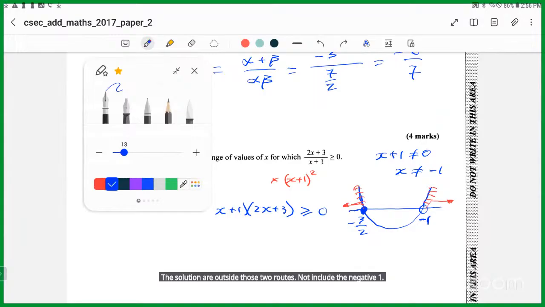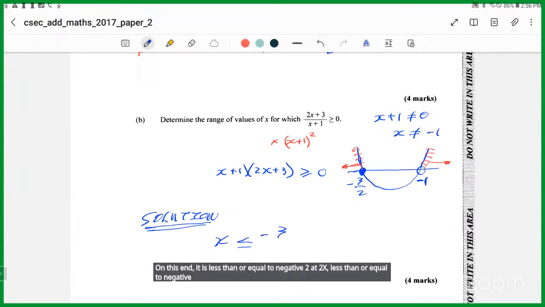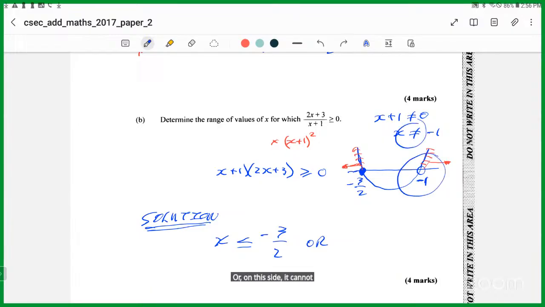So this is the solution then. On this end, x is less than or equal to negative 3 over 2. Or on this side, you cannot include the equal, so it is only x greater than negative 1.